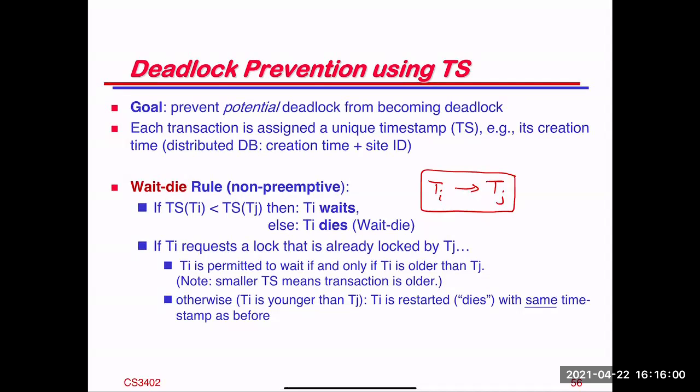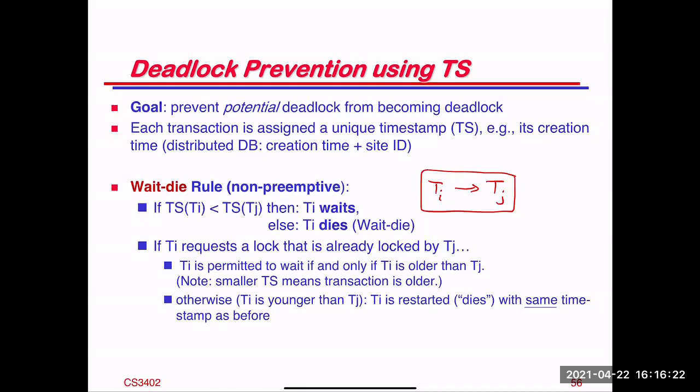All right. So now what this wait-die rule does is it will compare the 2 timestamps. What this says is that Ti is only permitted to wait if Ti is older than Tj, right? So if its timestamp is less than the timestamp of Tj.